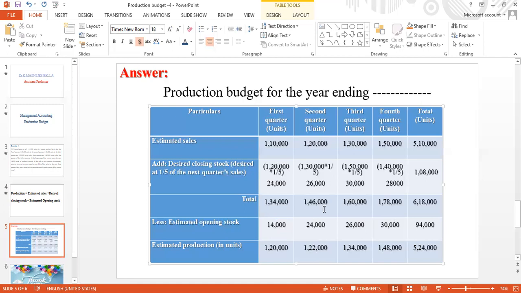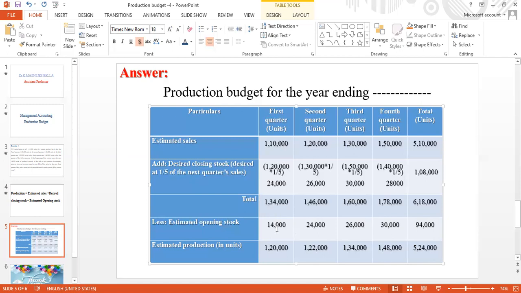Did you understand? We just have to write it. Estimated opening stock for the first quarter 14,000, for second quarter 24,000, for third quarter 26,000, for fourth 30,000. The total is 94,000.